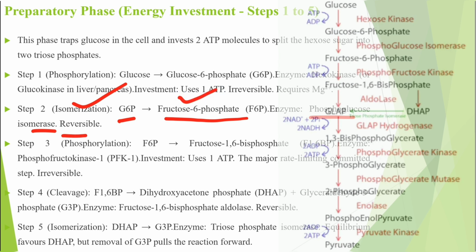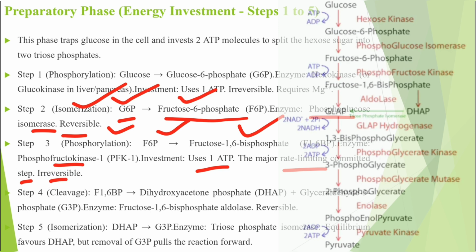That means fructose 6-phosphate can revert to form glucose 6-phosphate. The next step is phosphorylation. Here fructose 6-phosphate is converted into fructose 1,6-bisphosphate, and the enzyme is phosphofructokinase 1, and here again 1 ATP is utilized. It is the major rate-limiting committed step, and this process is also irreversible.